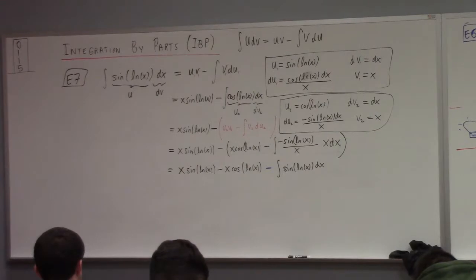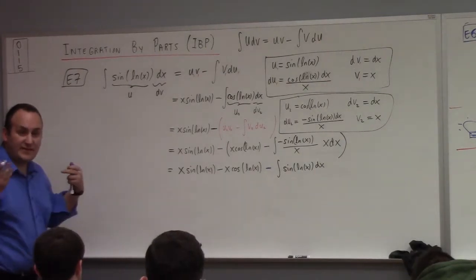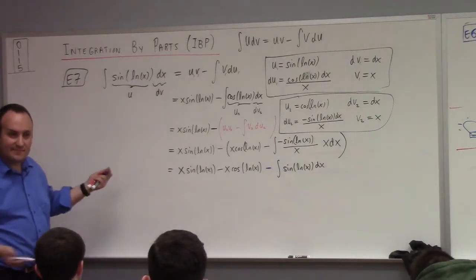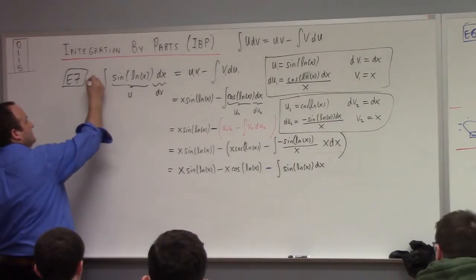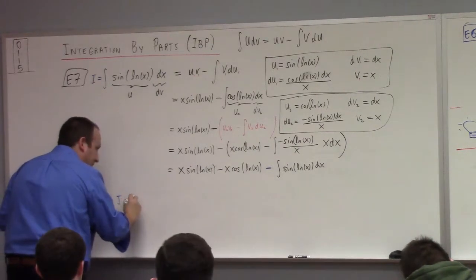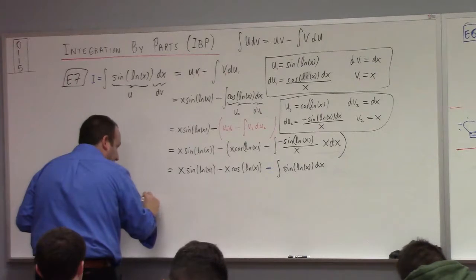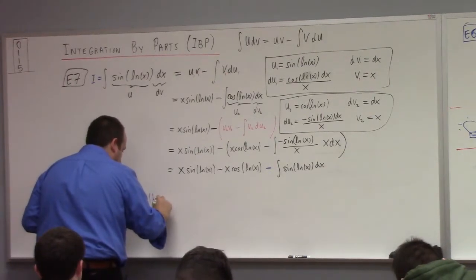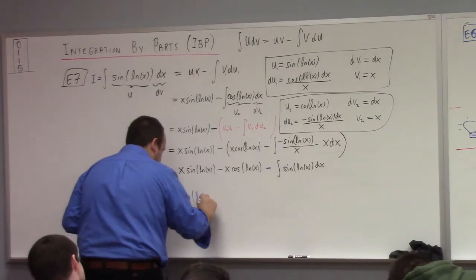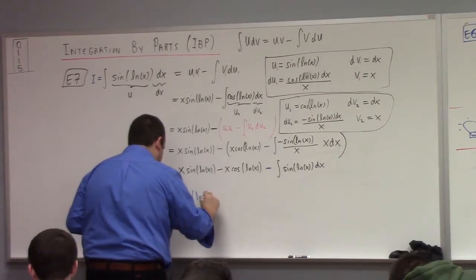Why does this help? Right, so let's give the integral that we're working with a name. Let's call it I. What does this say? This says I is equal to x sine of the log of x minus x times the cosine of the log of x, right?